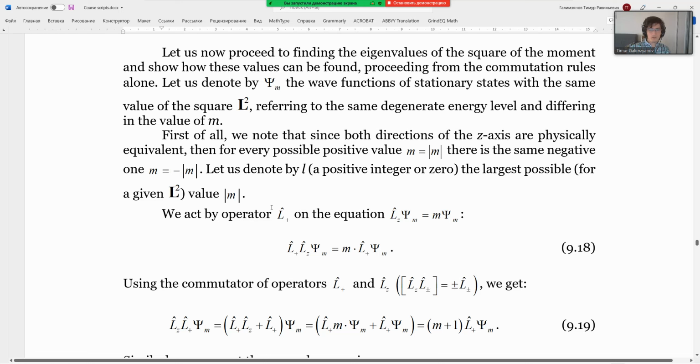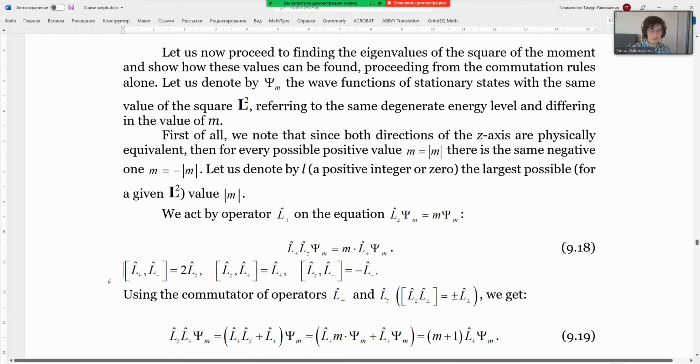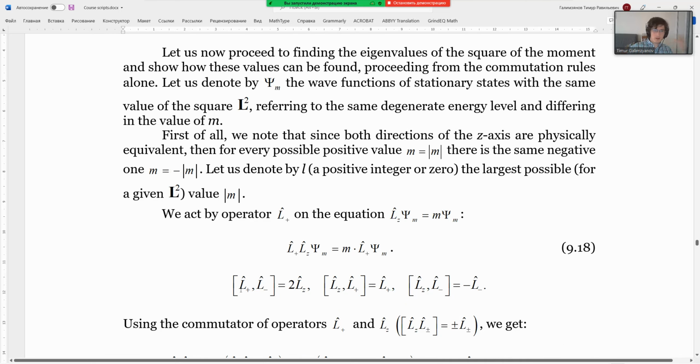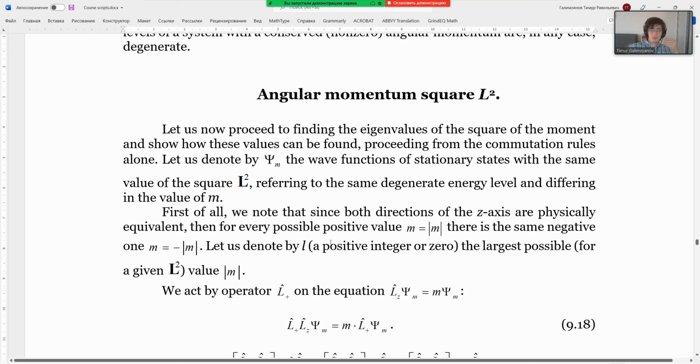We want to calculate the eigenvalues of the L squared operator, this one.